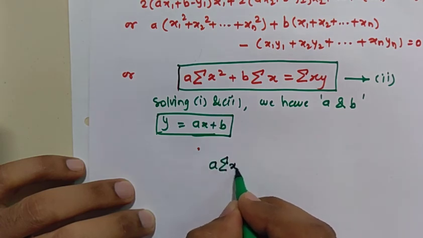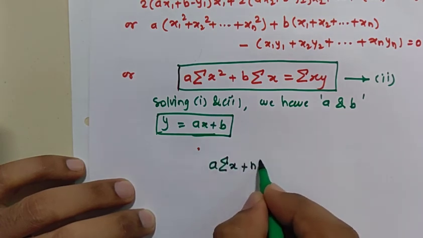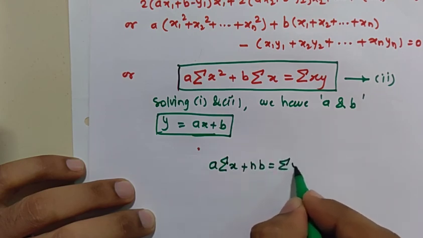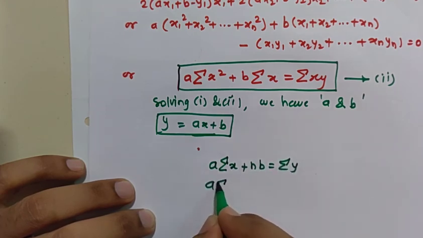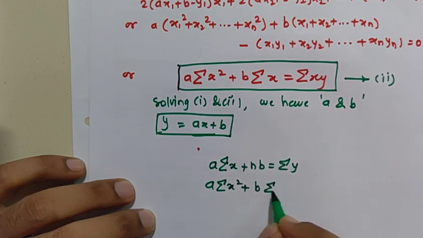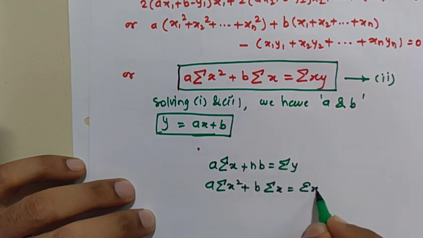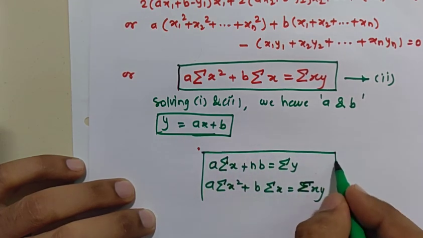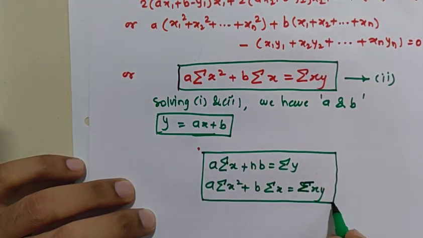One is a summation x plus nb is equal to summation y, and the second one, multiplying this by x, is a summation x square plus b summation x is equal to summation xy. So remember these equations.